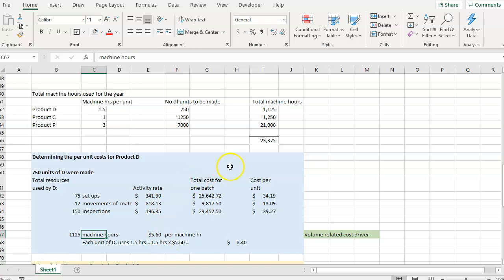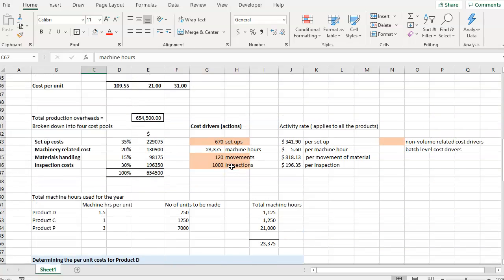Why? Because you notice that I have a color here in peach. These three cost drivers are known as non-volume related cost drivers. They are not generated based on units produced or those activities that are directly linked to units produced.